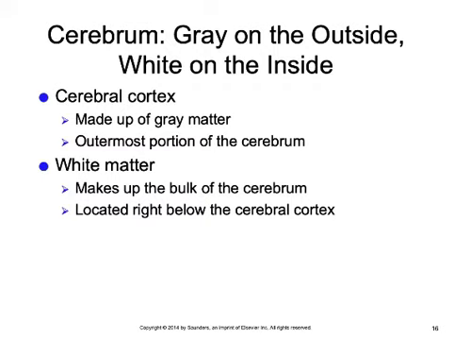And we integrate all that and then we send it to the part of the brain where we decide what we want to do about it, which is the frontal lobe, and then we generate a motor action plan, and then we send that into two places, the cerebellum and the spinal cord, and then the peripheral nerves carry that information out to the muscles, and we do our thing.